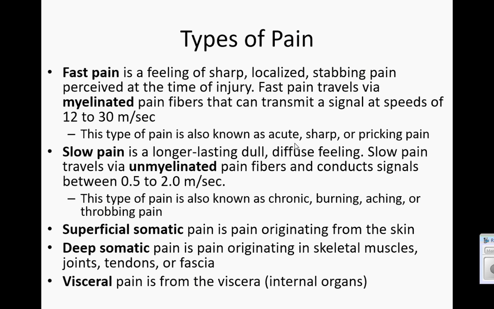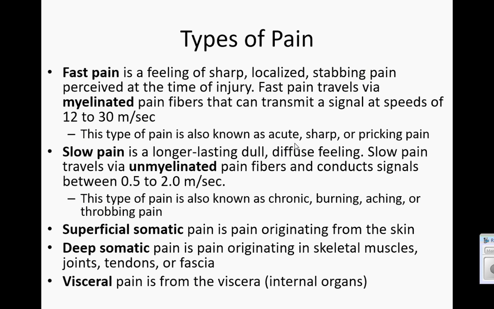We can also describe pain many different ways. We have fast pain, we have slow pain, which describes how quickly the signal is traveling inward. Fast pain is a feeling of sharp, localized, stabbing pain right at the time of injury.